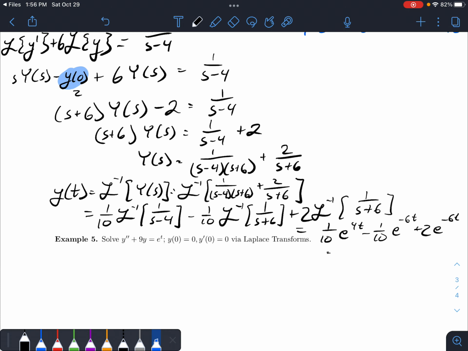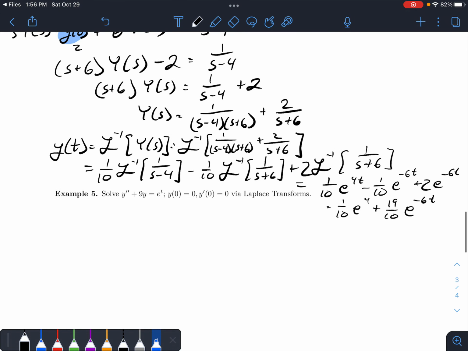You could have combined these two to start with. You could also combine those into a single fraction. This is like 1/10 e to the 4t plus 1 and 9/10 or 19/10 e to the -6t, just to make it a little cleaner. But that's what you get.